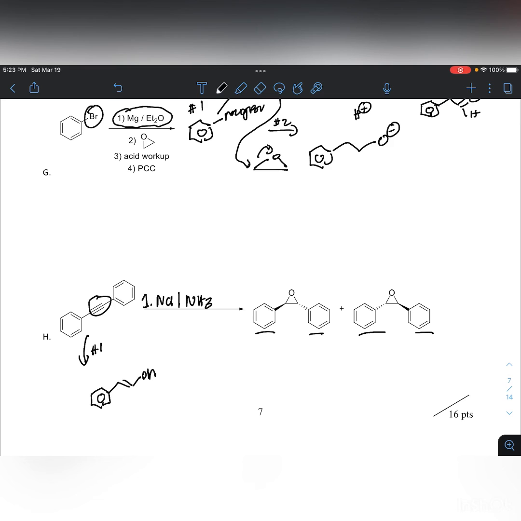And I'll put a phenyl group. And then from 2, we see that we also form an epoxide. So I'm just going to do an mCPBA. And that should take this to the epoxide, which is our product that we see.